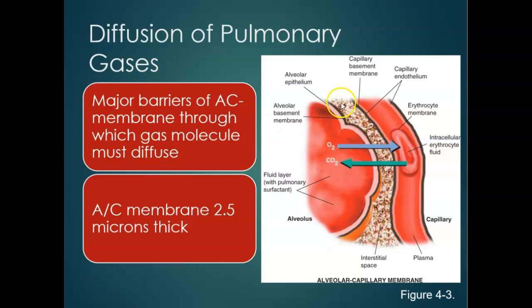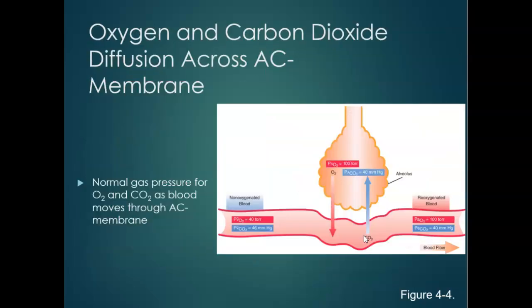So you've got this membrane or interstitial space that has to be crossed, and then these basement membranes. This membrane should be very, very thin, like 2.5 microns thick at the most. Typically, with a normal thickness, normal gas pressures of the O2 and the CO2 are going to cause that movement through the AC membrane.